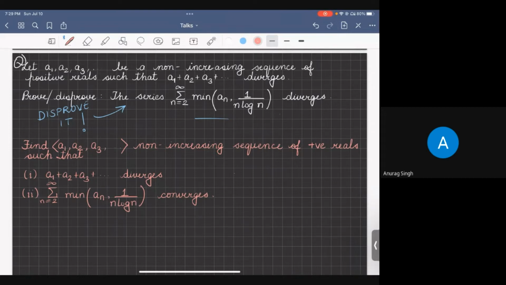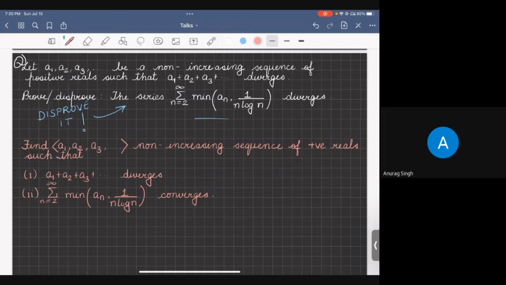It's not exactly formal, but that's the idea, that for each n, either this min is an or 1 over n log n. So eventually, not only is it the case that one of them appears infinitely many times, it's also the case that one of them appears quite densely compared to the other. Well, it's not exactly true, but I don't want to define limit inferior and limit superior to formalize this, but that's the idea.